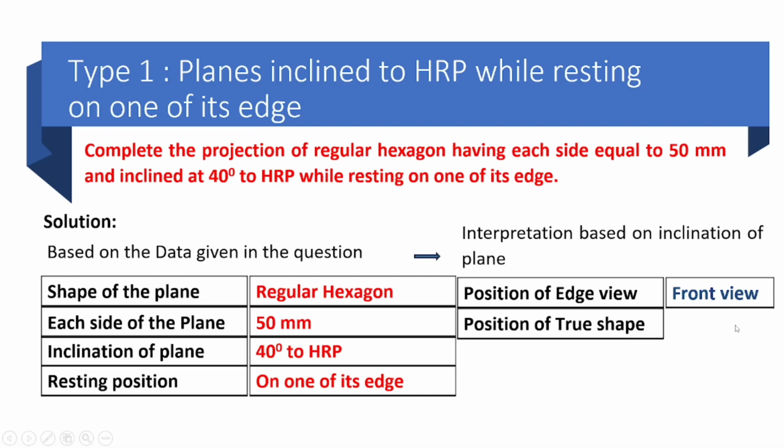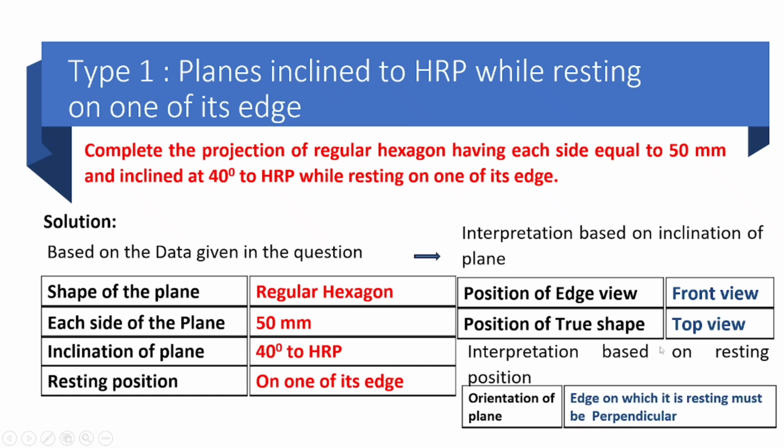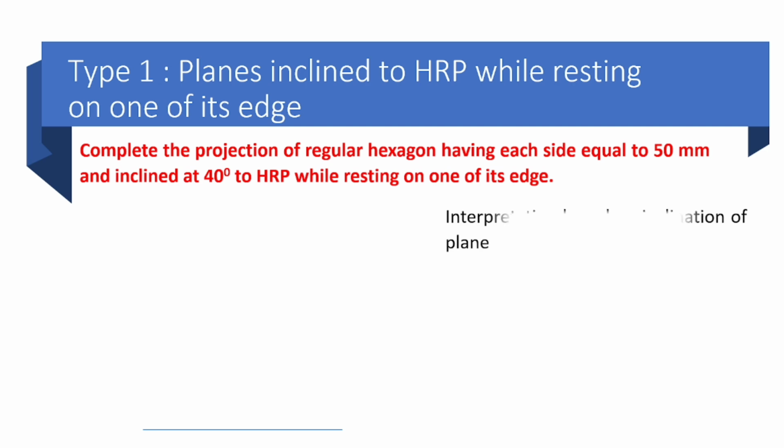Then the true shape we have to mark in top view. So this is a very important step to draw the initial view. And then based on the resting position, we have to decide how the top view should be drawn. So as the plane is resting on one of its edge, that edge must be perpendicular. Let us see and draw it one by one.